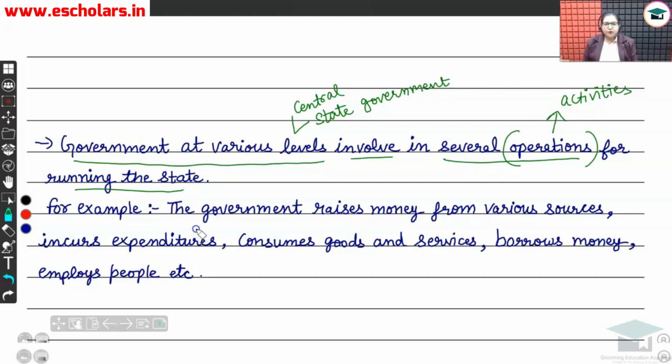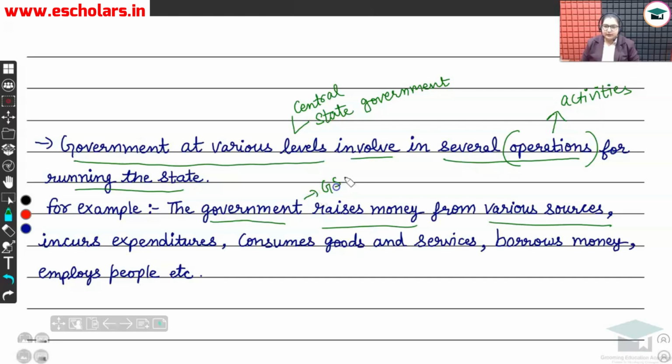Okay. So for running of the state, government at various levels involves in several operations, like for example the government raises money from various sources. That is, the government generates some money from the taxes imposed on the goods and services and the taxes imposed on the income of people and companies, right?